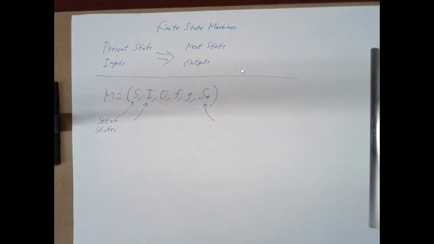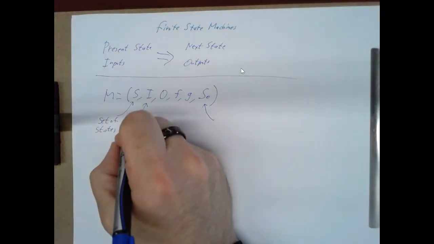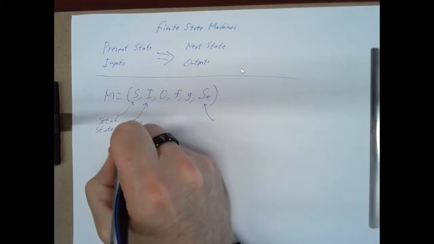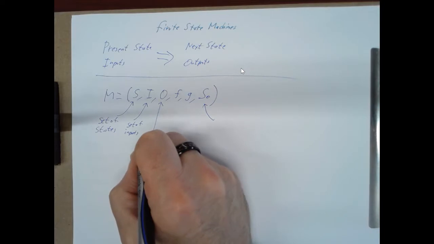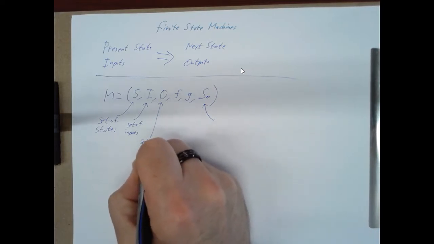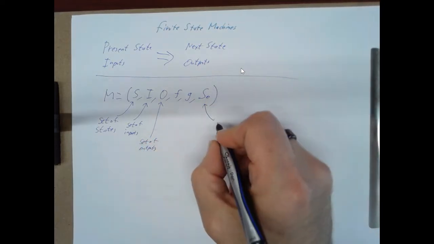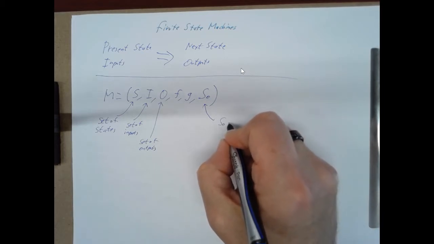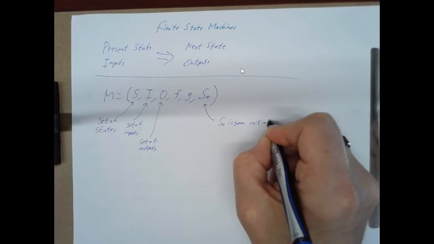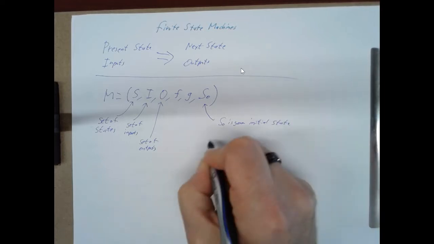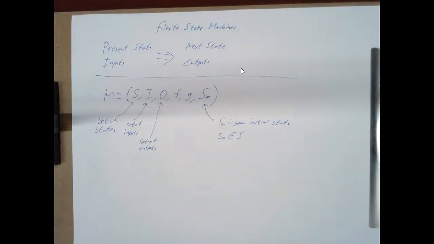I is your set of inputs. O is your set of outputs. S0 is your initial state, so it's an element of S.